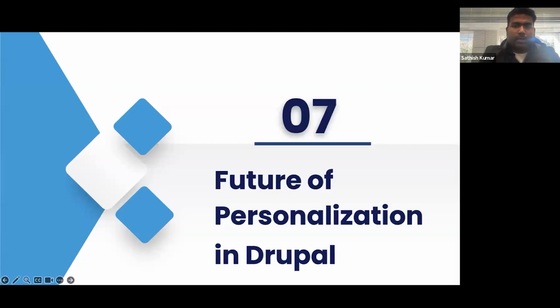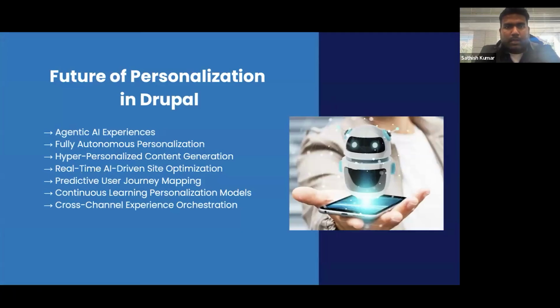And the future of personalization in AI is definitely agentic AI experiences that are already there. With AI chatbots, you can do a lot of tasks in agentic AI chat systems that would be there in future. Fully autonomous personalization, predictive user mapping, and cross-channel experience orchestration.